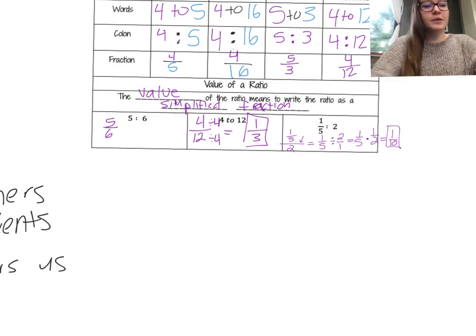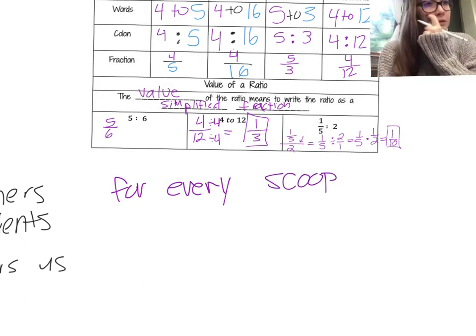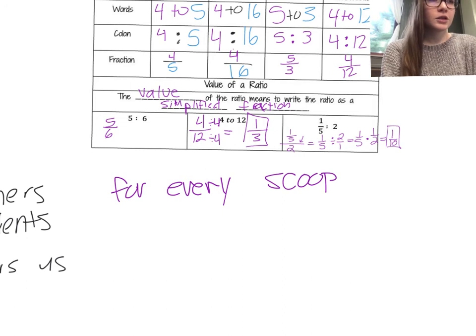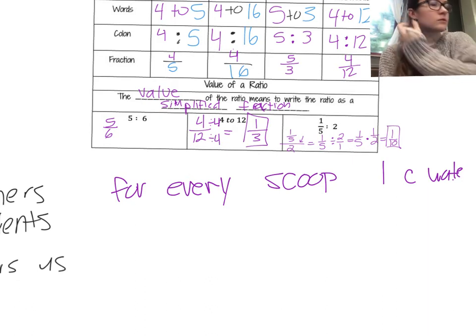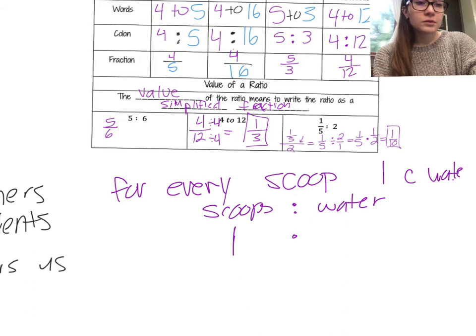So a Kool-Aid recipe is for every scoop of powder, you need 1 cup of water, right? So a ratio of scoops to water, for every 1 scoop, you need 1 cup of water.